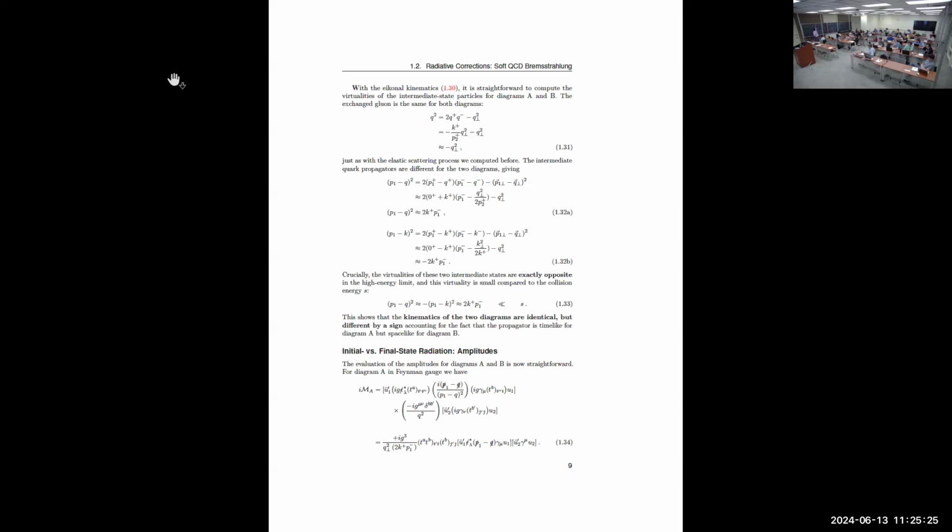Let me see if I can continue simplifying these at the top of their respective boards. Okay, so I've pulled out a factor of 2. So then I get minus 4i g cubed p2 plus, and then I pull out a p1 minus from this inner product.